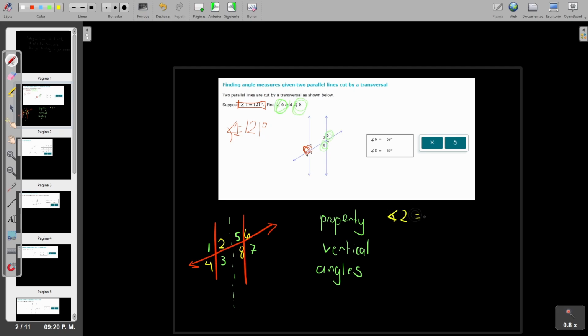Angle 2 equals angle 4, and this is equal to angle 6, and this is equal to angle 8. I'll be writing the other angles also. Angle 1 equals, remember, this symbol means angle. In this case, the angle in number 1, the angle in number 3, that is equal to the angle in number 5 and equal to the angle in number 7. That is correct.